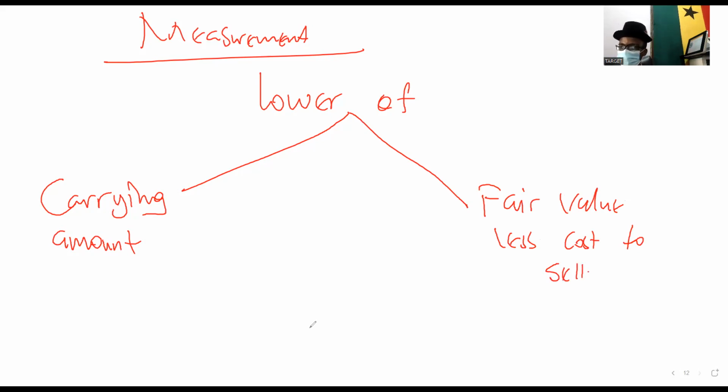So basically, for IFRS 5, this applies to all the non-current assets and disposal groups, so it is for both non-current assets held for sale and disposal groups. Take notice.